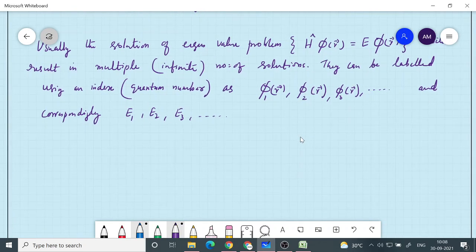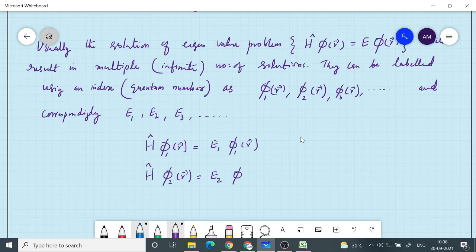It means that the same operator, the Hamiltonian, if it is operating on psi 1, you will get E1 multiplying it, and the same operator operating on psi 2 will give you E2. So there could be even an infinite number of such functions and corresponding constants.